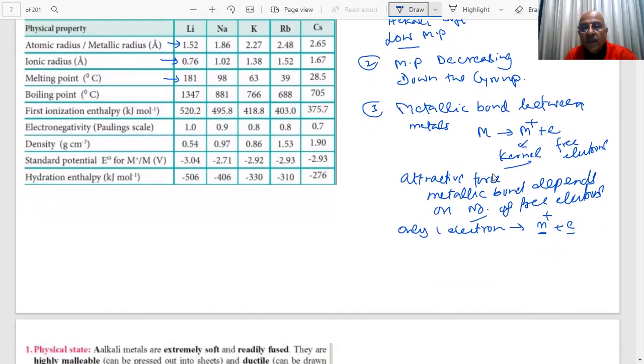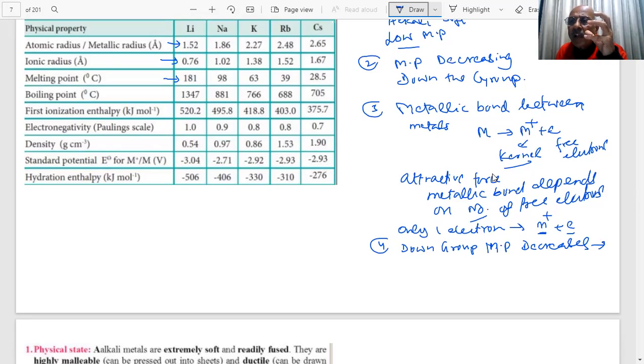Fourth point: as you go down the group, melting point decreases. Why does it decrease? Because the size of the ion is increasing.